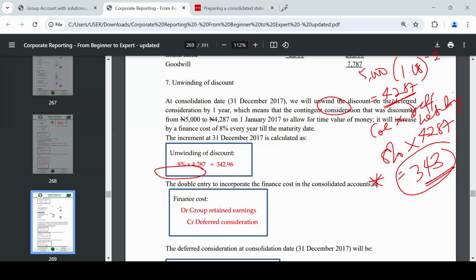It is true that Abeco has not made 2,000 naira profit, and that future date has not come.